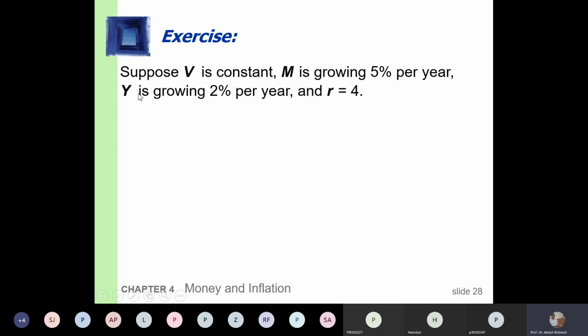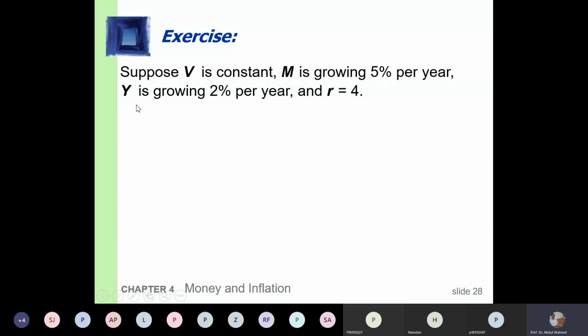Now I'm giving you an exercise. I will give you some numbers and then you have to answer the questions. So these are the numbers. Velocity is constant. Money is growing at 5% per year, so the money supply growth rate is 5%.